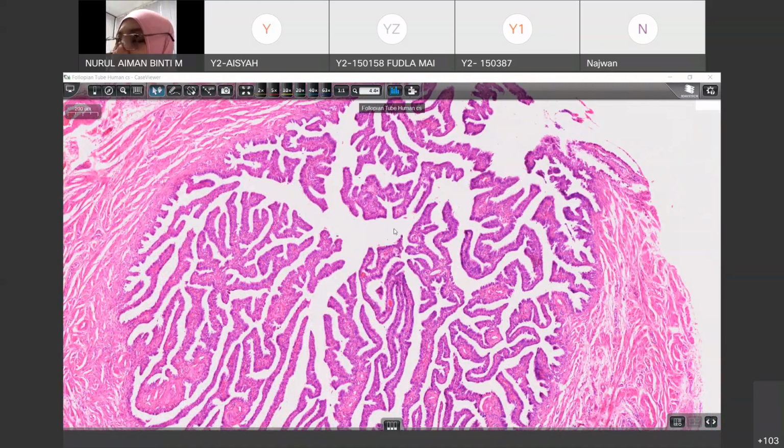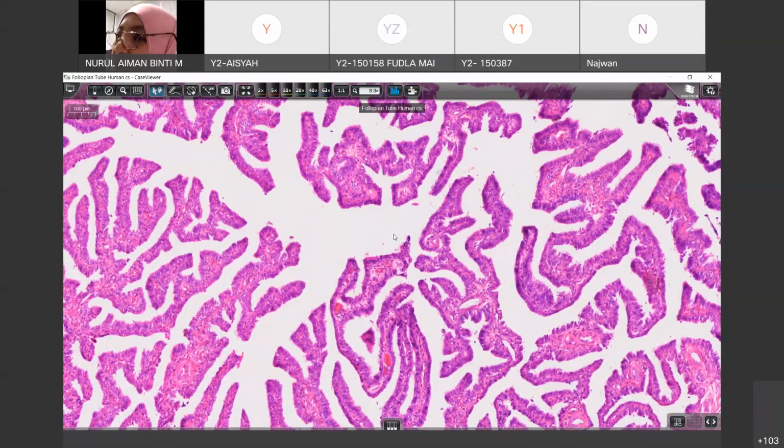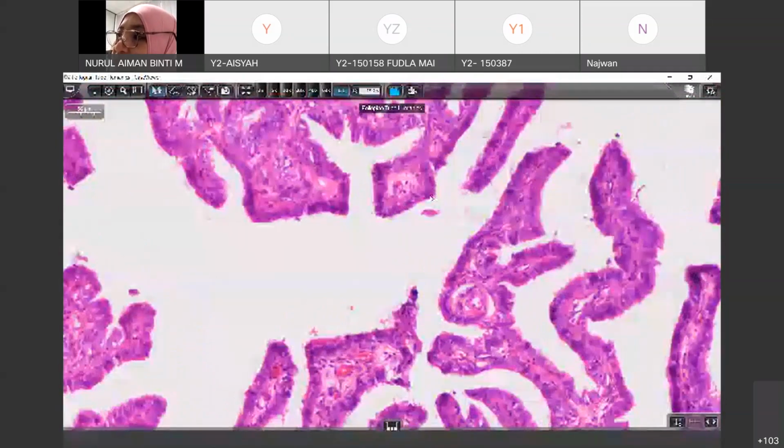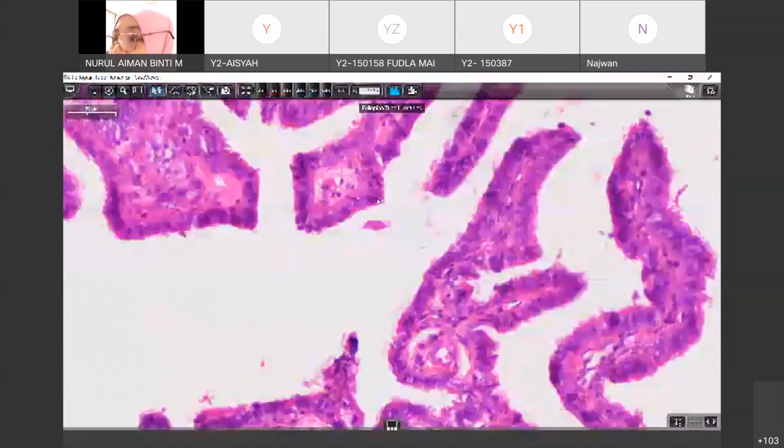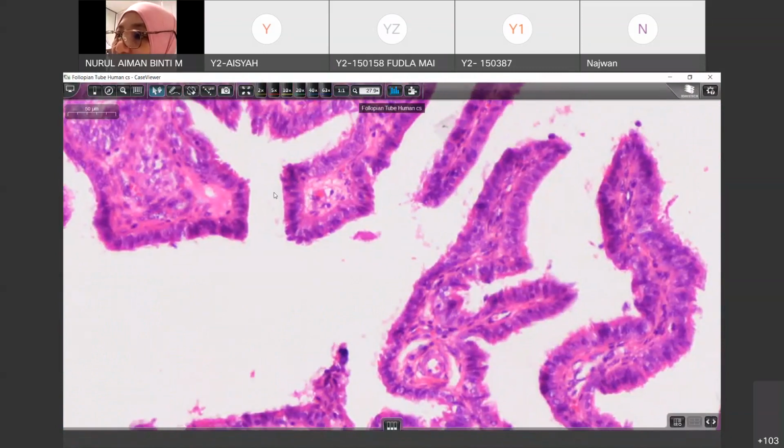But if you have a problem with the cilia, it can be just trapped here, and an ectopic pregnancy can occur here. So try to focus on the epithelium lining of these uterine tubes. Most of it is very compact, just like the uterine glands.